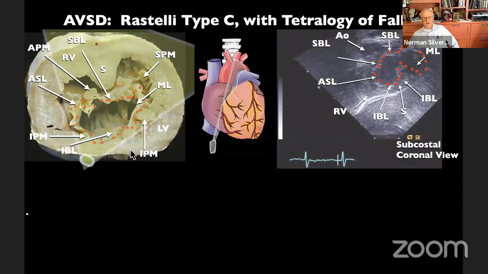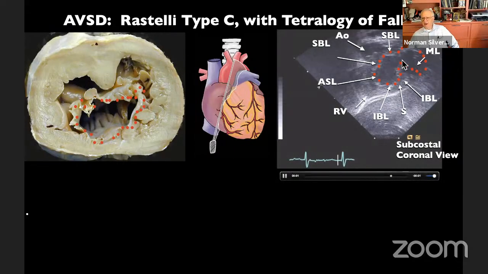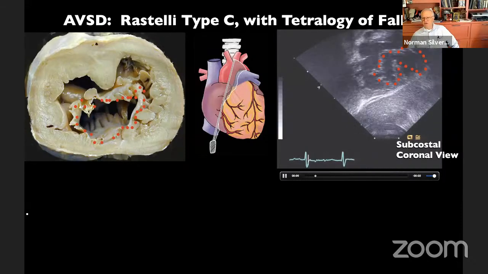And here is, again, the echocardiographic pattern of an AV septal defect. You can't see the tetralogy in the specimen, but here in the echocardiogram, you can see the large aortic root overriding both ventricles, and this is the common valve which straddles across, and this is Rastelli type C because it's not attached to the crest of the septum.